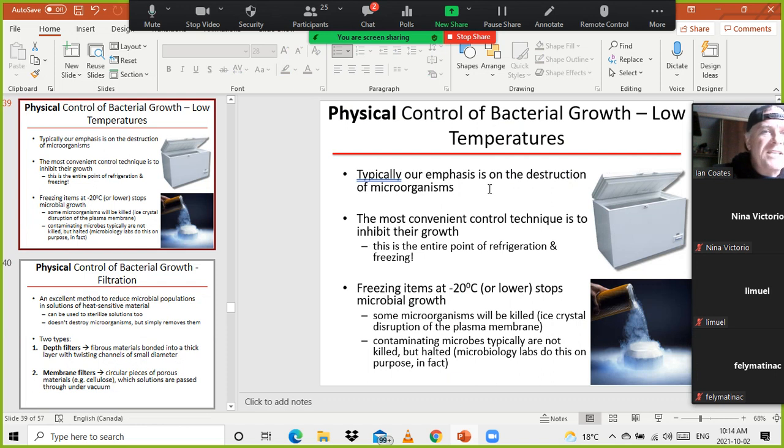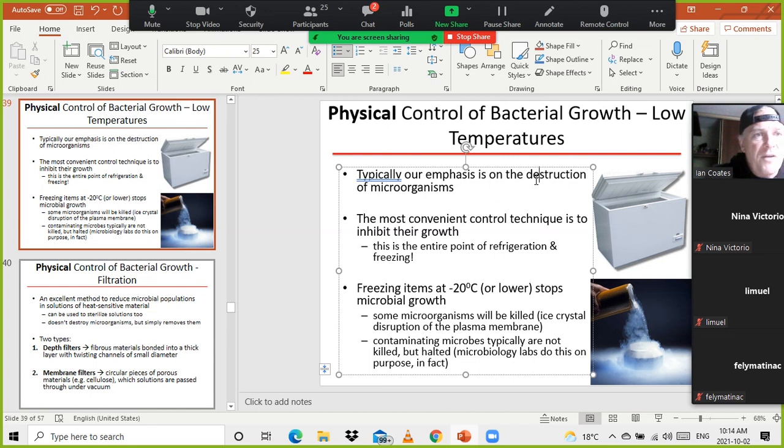Typically our emphasis is on the destruction of microorganisms, okay? But remember I was talking about low temperatures. They're more involved in the preservation, or the keeping, of these bugs, because cold doesn't really kill them. These bugs can freeze at minus 20 and that's it. There are bugs in the frozen north.